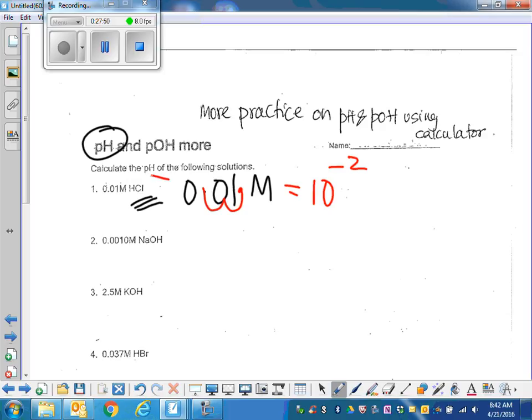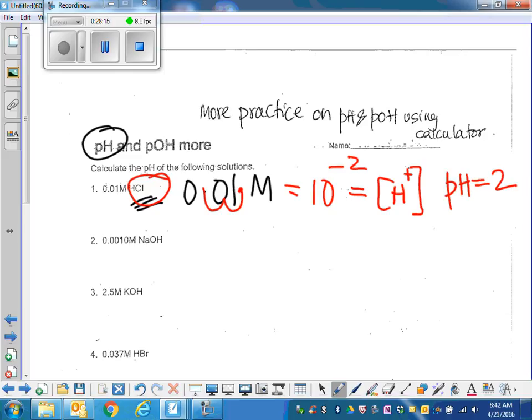Is this given substance an acid? Therefore, this concentration is the concentration of my hydrogen ions in solution. Does it make sense? When this substance is dropped in water, it will produce hydrogen ions. If that is the concentration of my hydrogen ions, my pH equals 2.